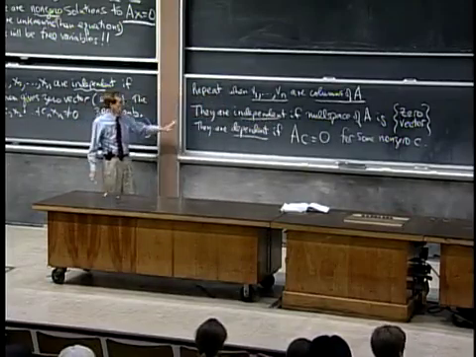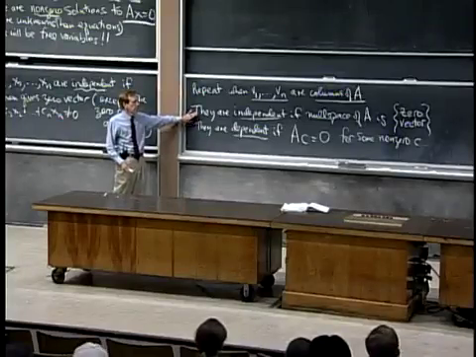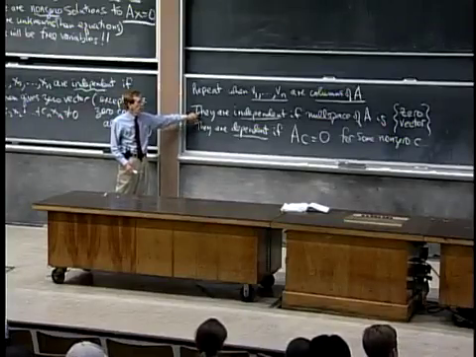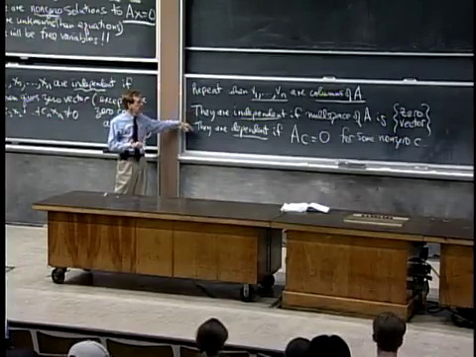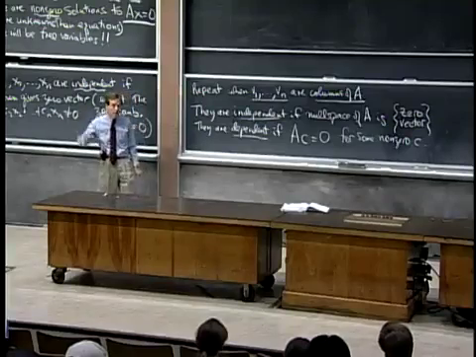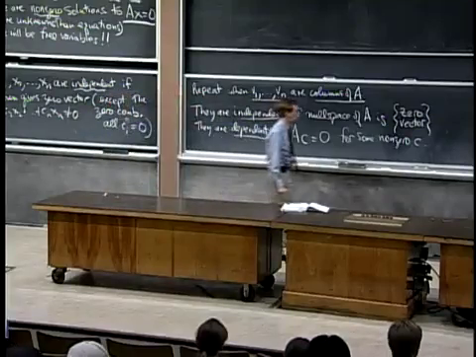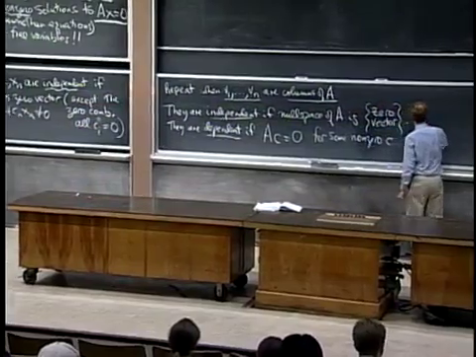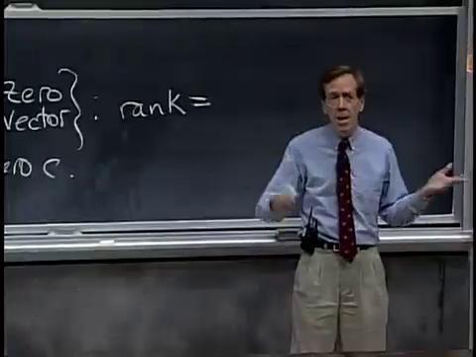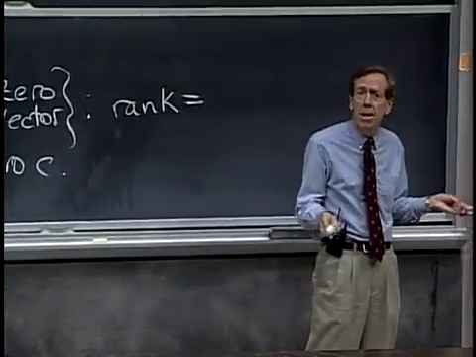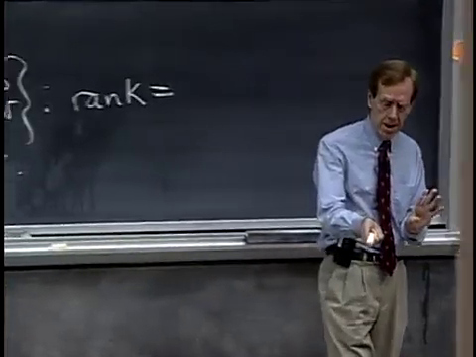So I could express this in other words now. I could say the rank, what's the rank in this independent case? The rank R of the matrix in the case of independent columns is, so the columns are independent. So how many pivot columns have I got? All n.